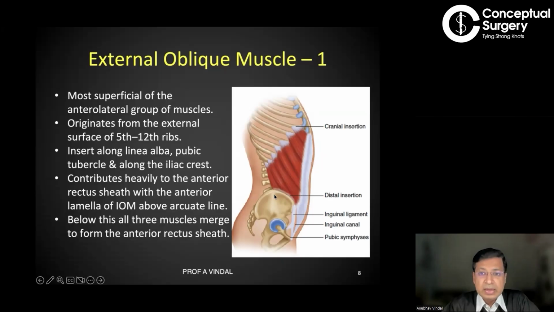They insert along the outer lip of the iliac crest and then at the lateral part of the inguinal ligament as well. Now, as the muscle traverses medially, the muscular fibers get converted into aponeurosis, and this aponeurotic part of the external oblique contributes majorly to the formation of the anterior rectus sheath, which is the anterior lining of the rectus abdominis muscle.